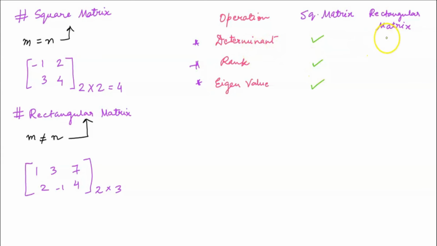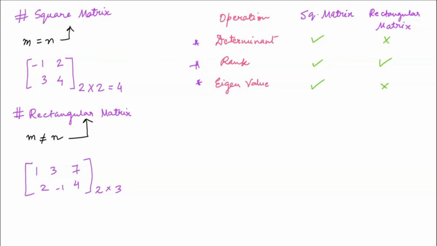But the determinant doesn't exist for a rectangular matrix, and eigenvalue also doesn't exist for a rectangular matrix, but the rank exists for a rectangular matrix. So you can clearly understand which particular operation exists for which matrix. It will help you in any examination.